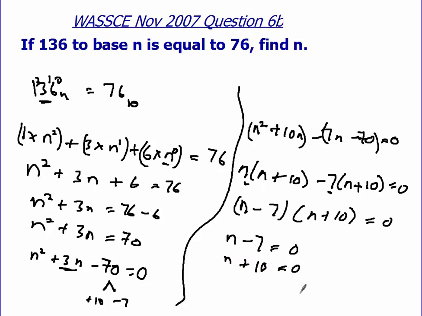Good. So I'm going to look for the value of n. Then to look for the value of n, n minus 7 equal to 0. n equal to 0 plus 7. n is equal to 7.